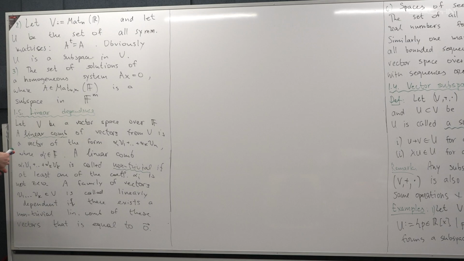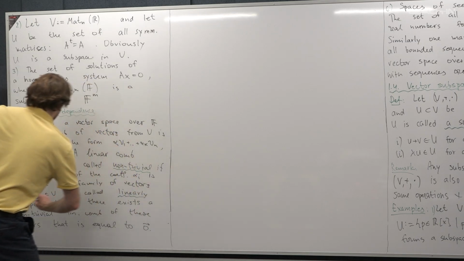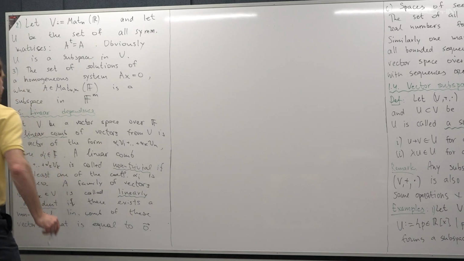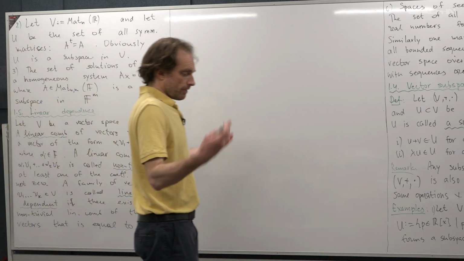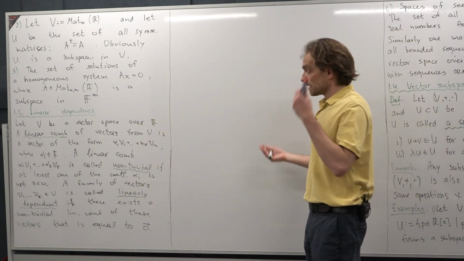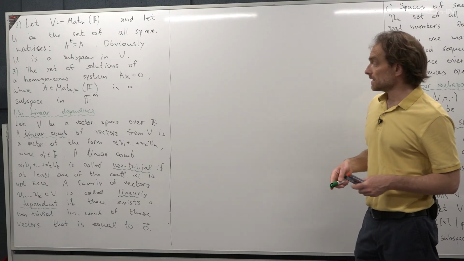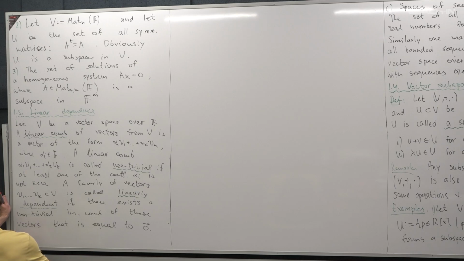So the definition of linear dependence of a family of vectors is exactly the same as in the coordinate space, and if a family of vectors is not linearly dependent, then it is called linearly independent.